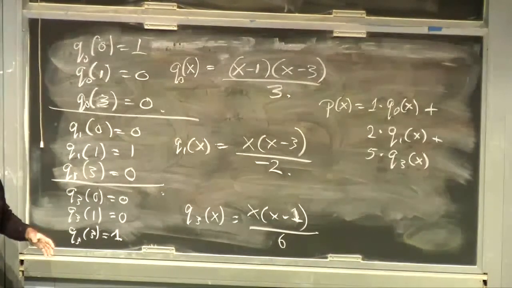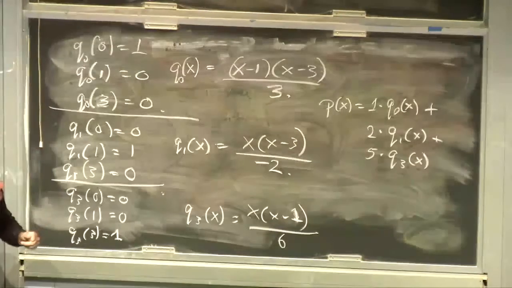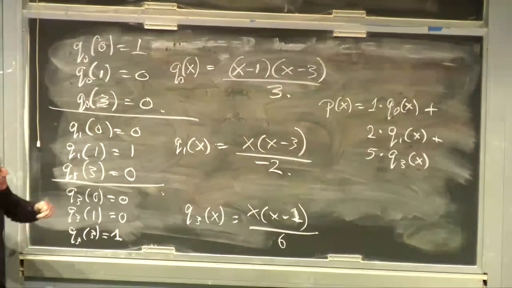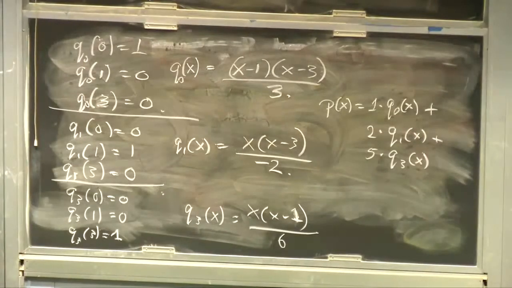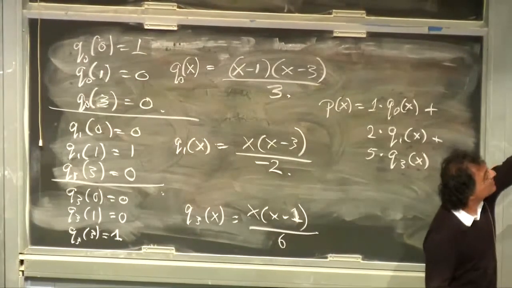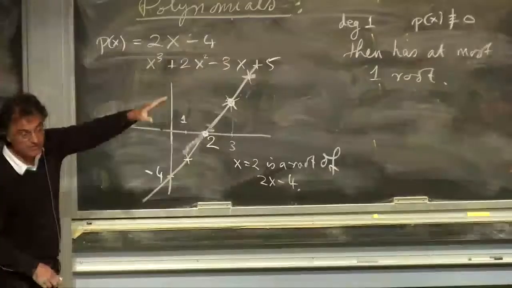Or we could call them q sub 1 through q sub d plus 1, each of which was 1 in exactly one of those locations and 0 everywhere else. And then when we wanted to put together the polynomial p, we just take y1 times q1 plus y2 times q2, y3 times q3, and so on.